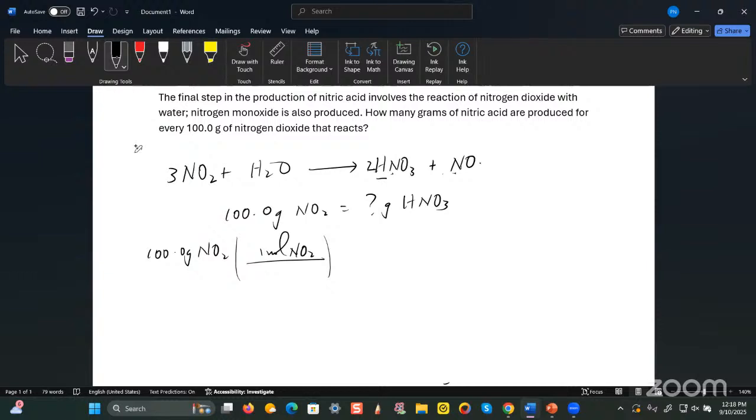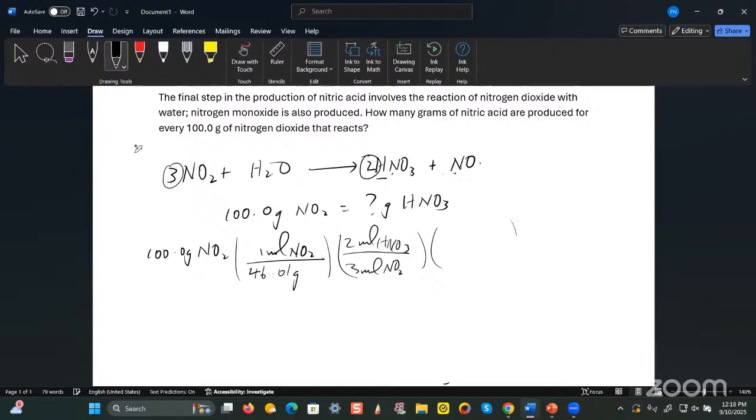According to my calculation, that is 46.01 grams. The next conversion factor will express the mole ratio between the nitric acid and the NO2. That's a 2 to 3 mole ratio.